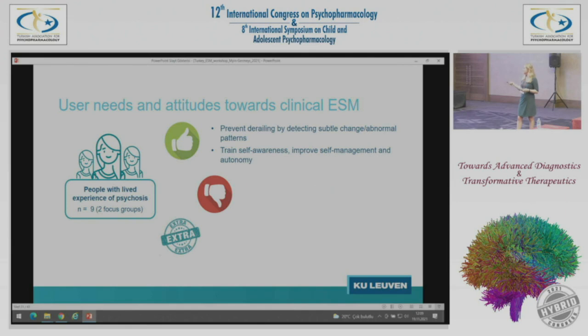They said it can be helpful in preventing derailment, when it helps us detect subtle changes or abnormal patterns earlier, so things don't get worse. They also said it will help their self-awareness, that they can become more aware of their own patterns, that it can improve self-management by getting more insight into their own problems, and that it increases their autonomy.